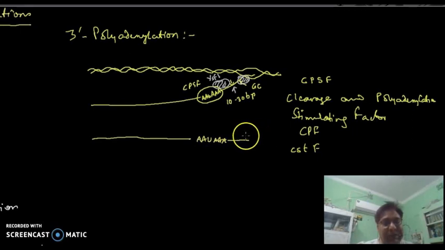As soon as the cleavage occurs, another enzyme called poly(A) polymerase comes and binds here, and it introduces a number of A's, about 80 to 200 residues of adenine, added at this 3' end.